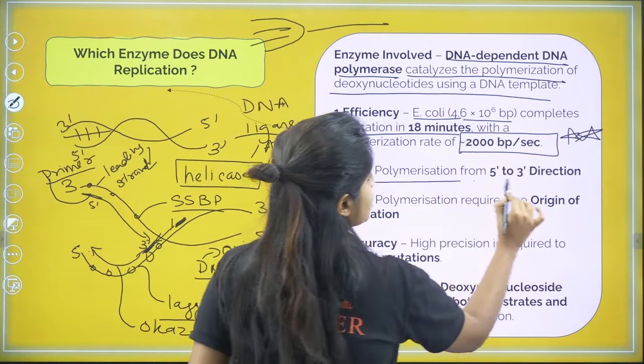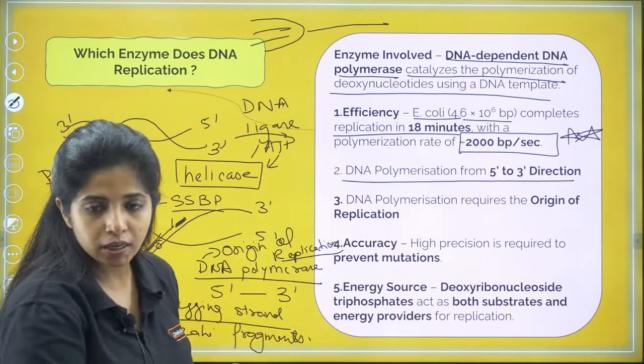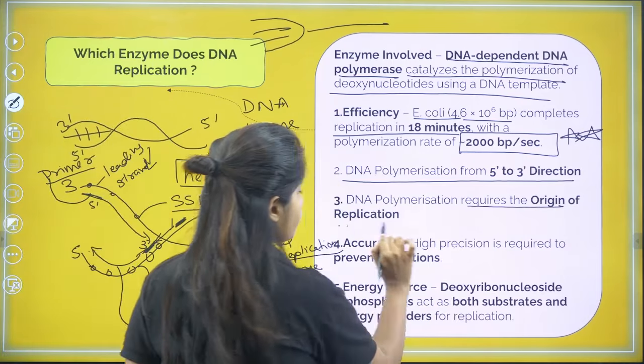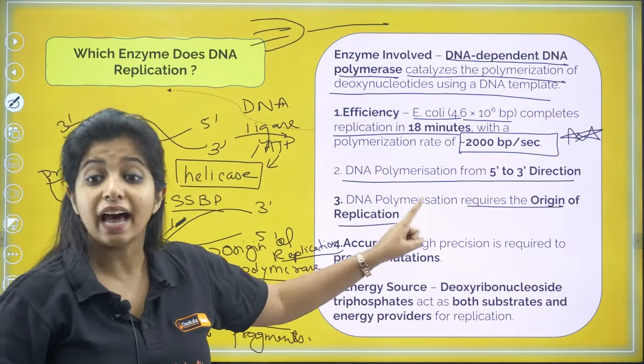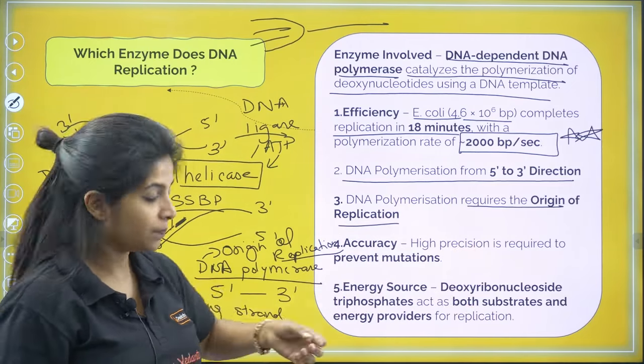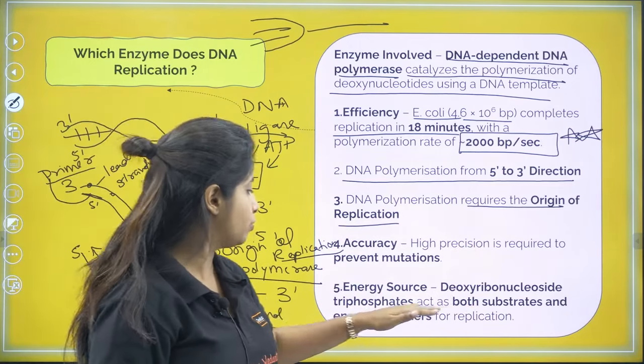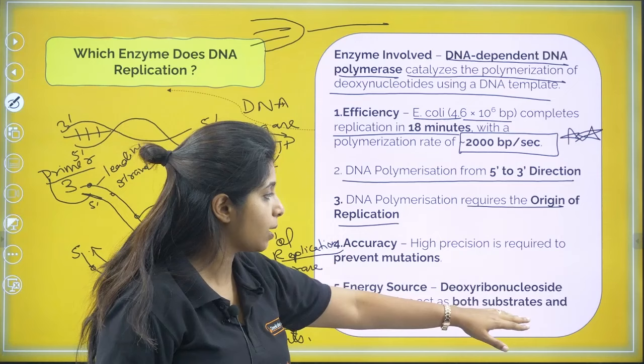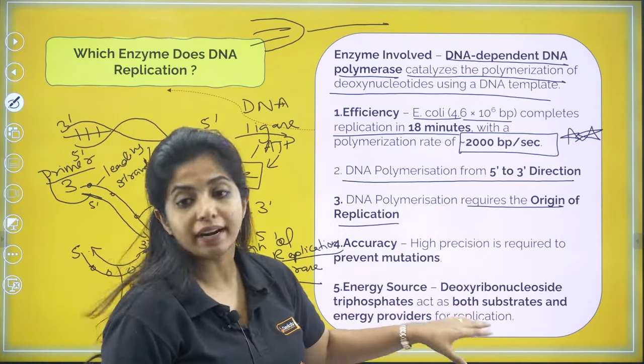DNA polymerization occurs in the 5' to 3' direction and requires the origin of replication. It is highly accurate, as high precision is required to prevent mutation. Deoxyribonucleoside triphosphates act as both substrate and energy providers.